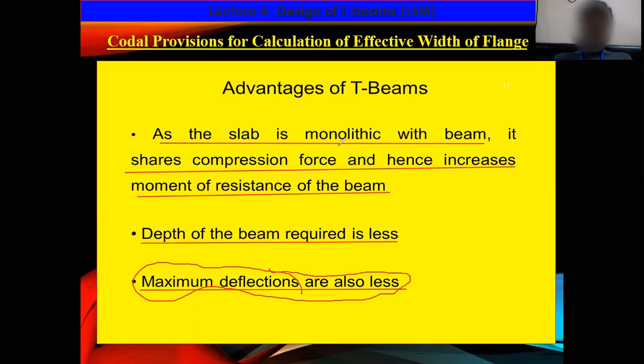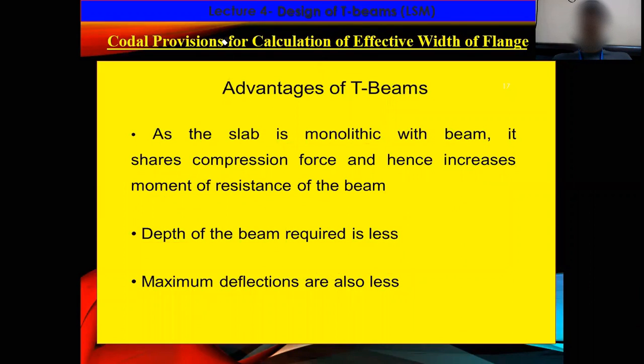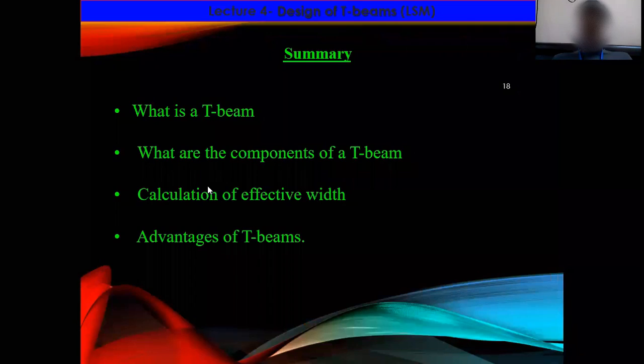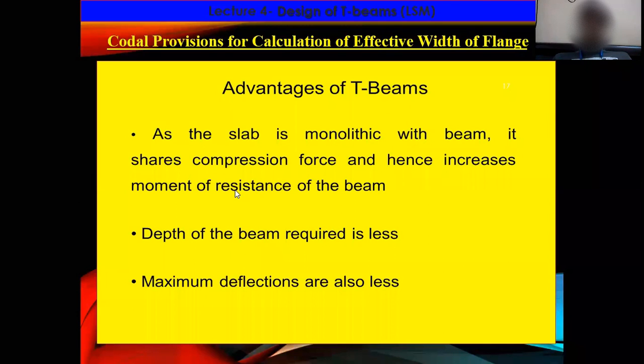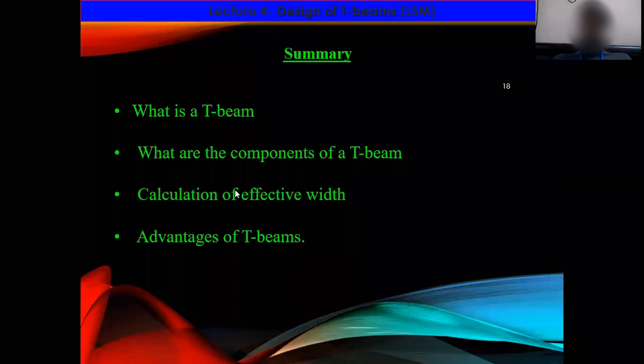So if we design as a monolith, as T-beams, then the deflections will be reduced as compared to isolated rectangular beams, right? So these are some of the advantages of T-beams. For this, I would like to conclude this lecture.